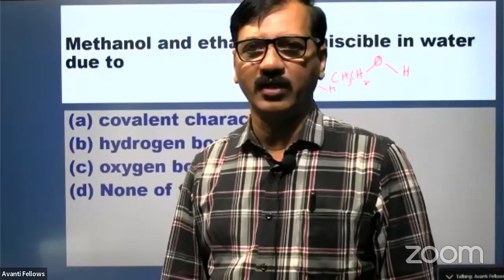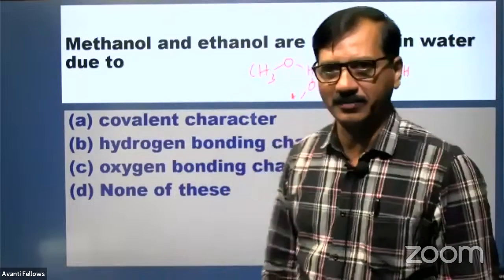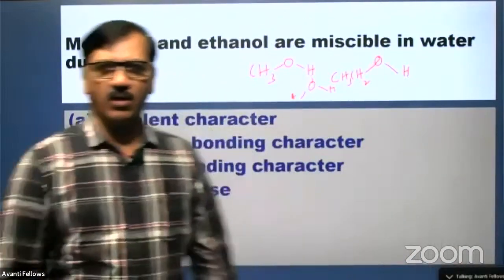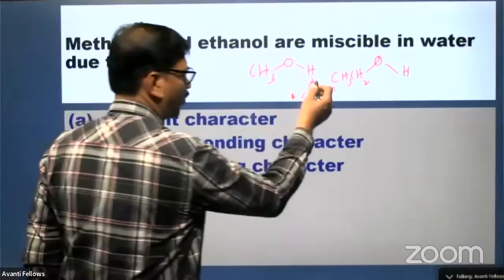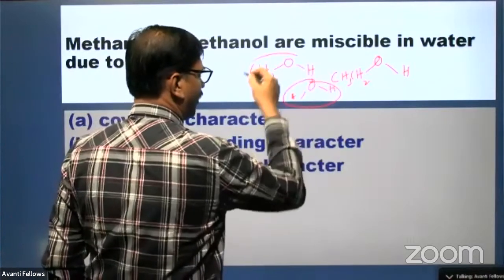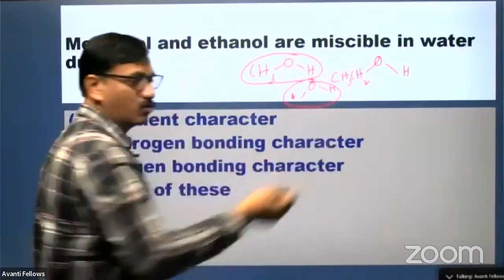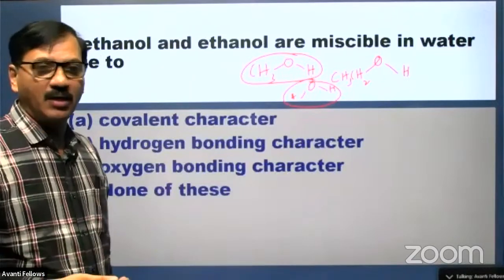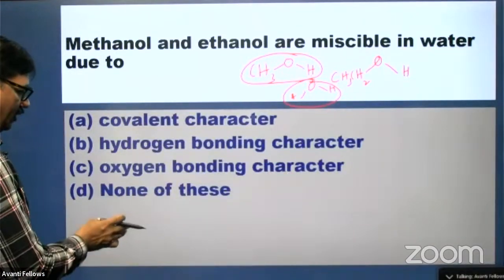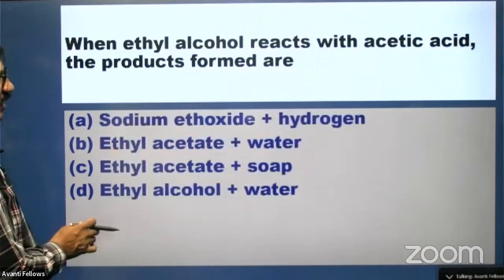The very important thing to remember regarding solubility is like dissolves like. Water is also having hydrogen bonding, and methyl and ethyl alcohol also have hydrogen bonding. Therefore, they are miscible in water, due to the hydrogen bonding character.